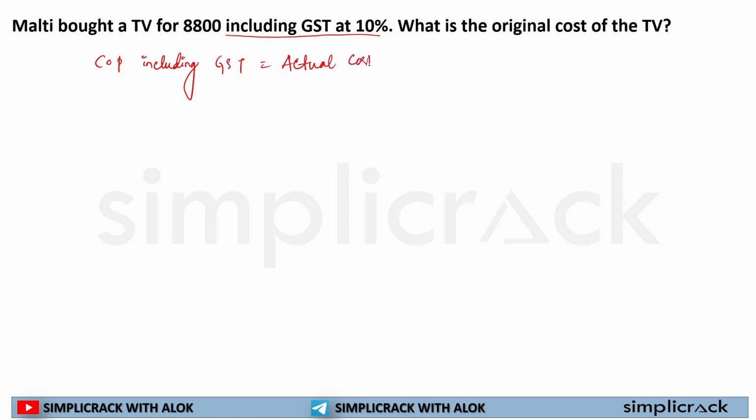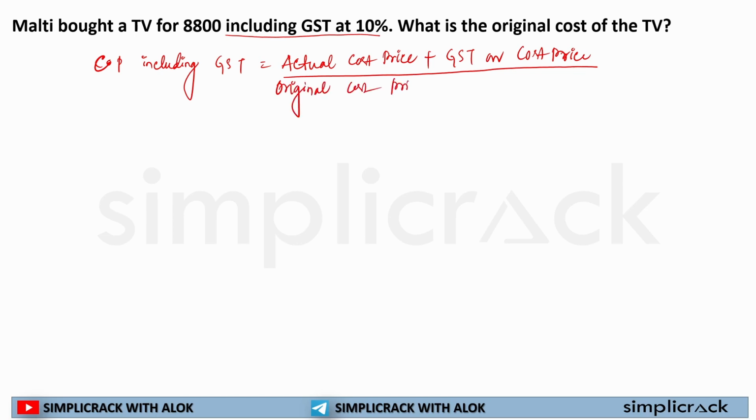Actual cost price plus GST on cost price. If tax is given as cost price including GST, then you will write it as actual cost price plus GST on cost price. Actual or original, whatever you can say, original cost price or GST on cost price.